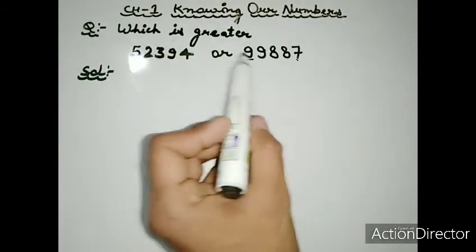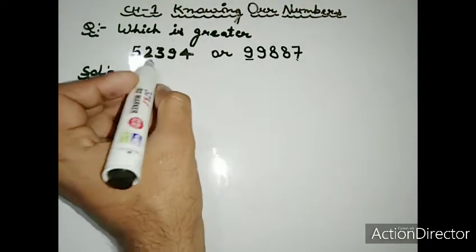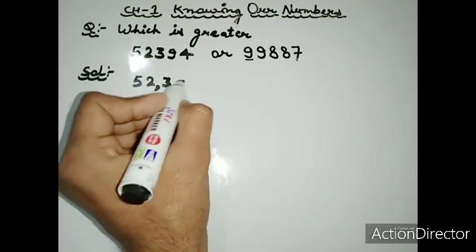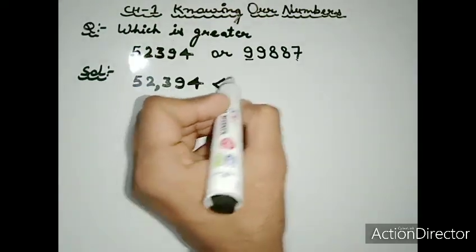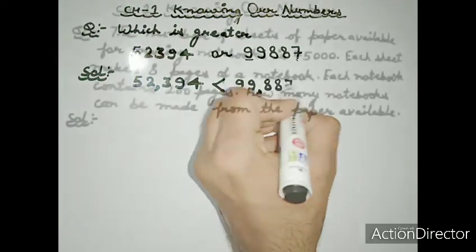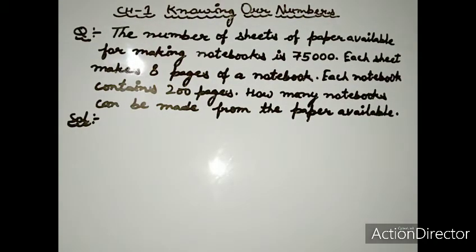So 5 is smaller as compared to 9. So here we say that 52,394 is smaller as compared to 99,887.